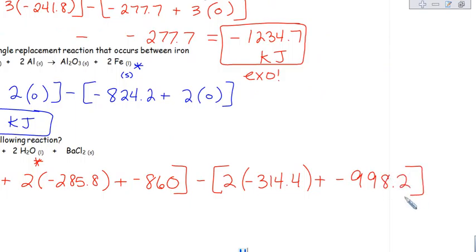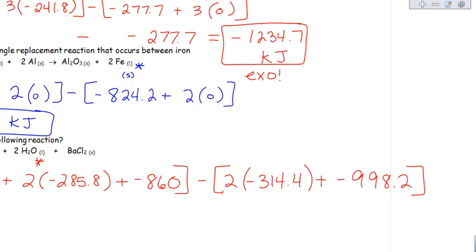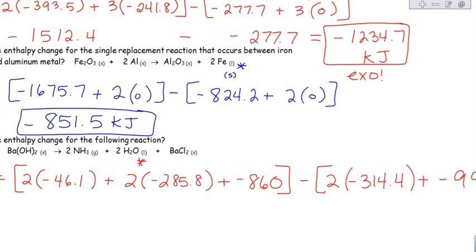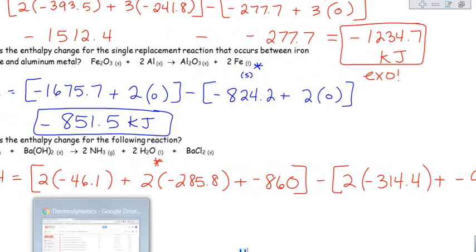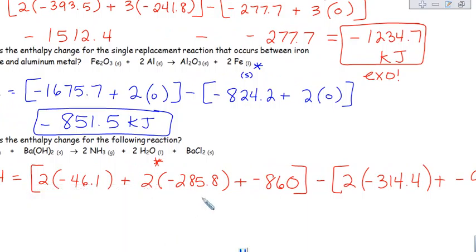There's a lot going on. Products minus reactants. Multiply by the coefficients in the balanced equation. So I think for sure with this one, I'm going to simplify these 2 quantities. So I'm going to plug all this in: 2 times the negative 46.1 plus 2 times negative 285.8 and the negative 860.